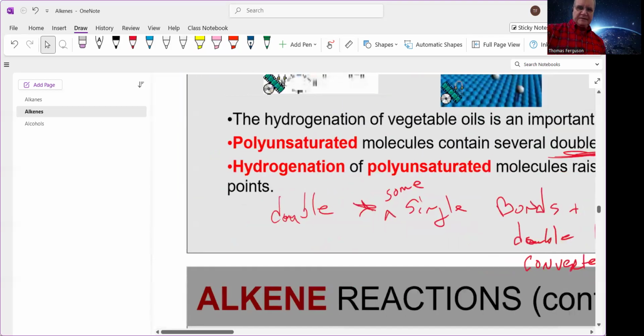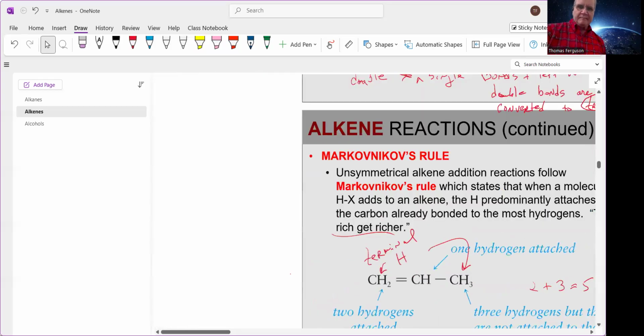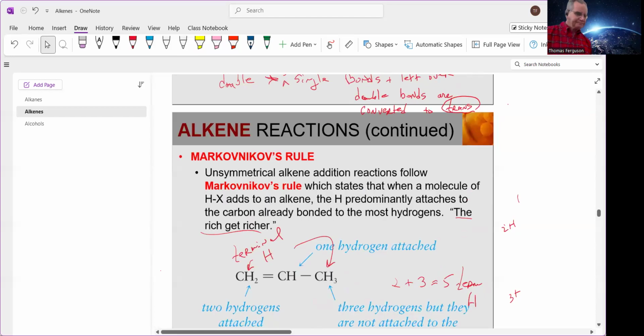Okay, let's see here. Now I'm going to get into a trickier reality when we have a mixture. I keep talking about alkene reactions going from unstable to stable.